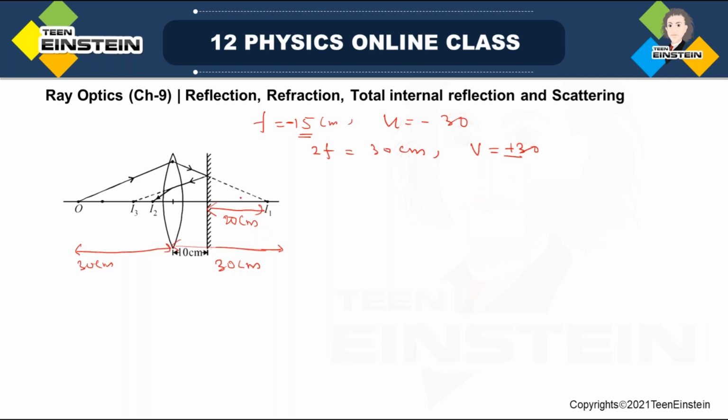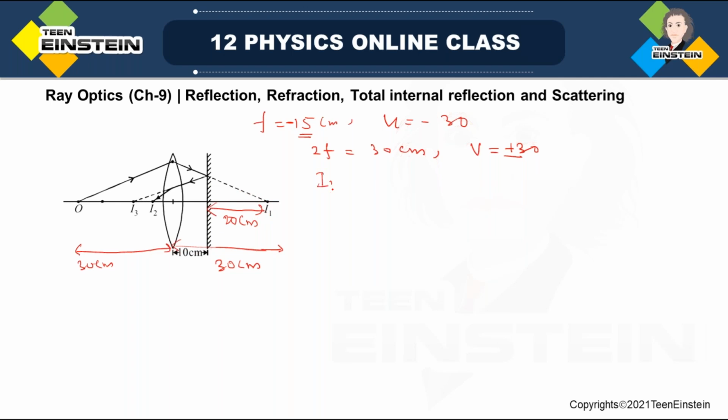In fact, there will be no image at this place. But if the mirror was not there, the image would have been formed here. So that's why this particular image I1 is a virtual image, which is not there at all, and this image will act as a virtual object.